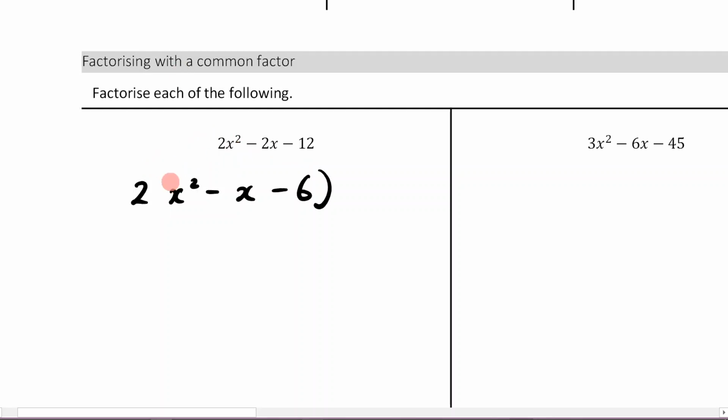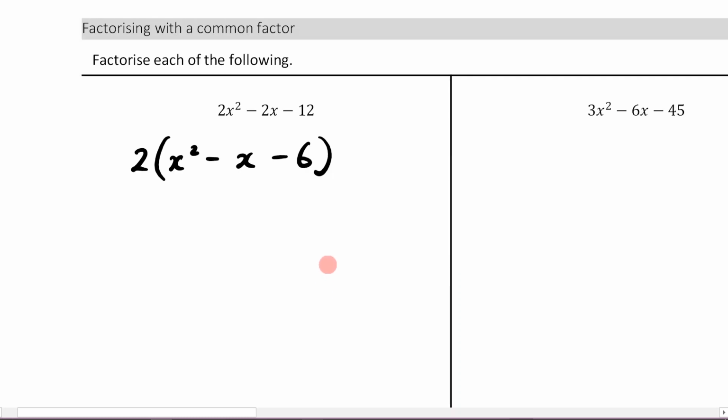And also, we don't yet have the skill to factorize things when my x squared has a coefficient. So we're only ever going to give you questions where you can take out a common factor when there is something in front of the x squared. Okay, so once we've done that, now what we have to do is simply factorize this right here.